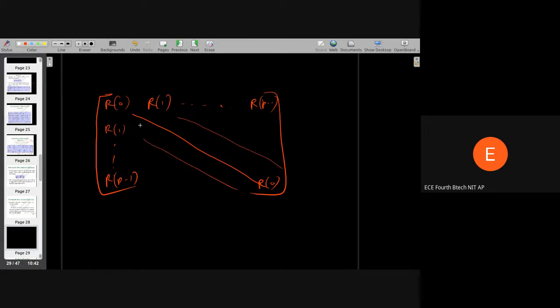This is a symmetric matrix, so R equal to R transpose, and its diagonal has the same value. This type of matrix is called a Toeplitz matrix.